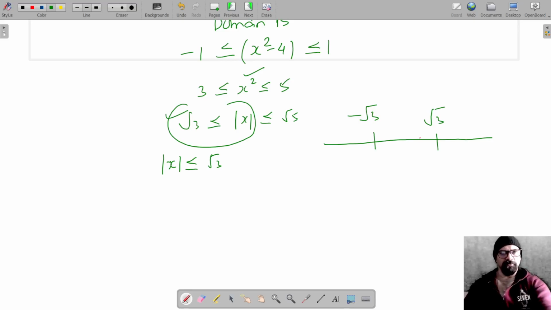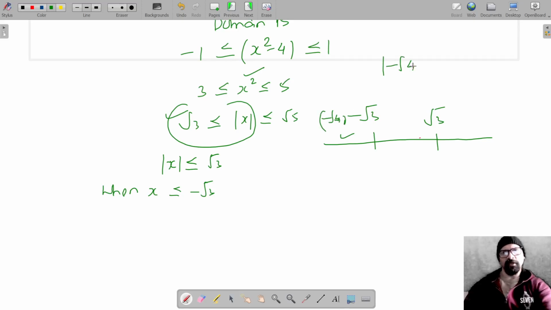So this is the case when x is less than or equal to negative root 3. So less than or equal to negative root 3 means, let's say we have this here -4.